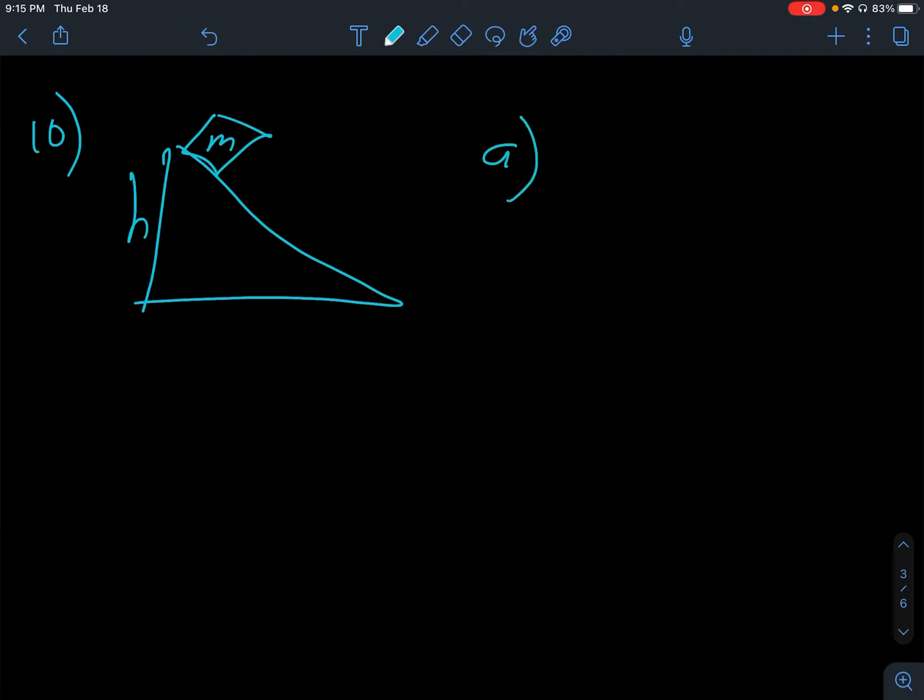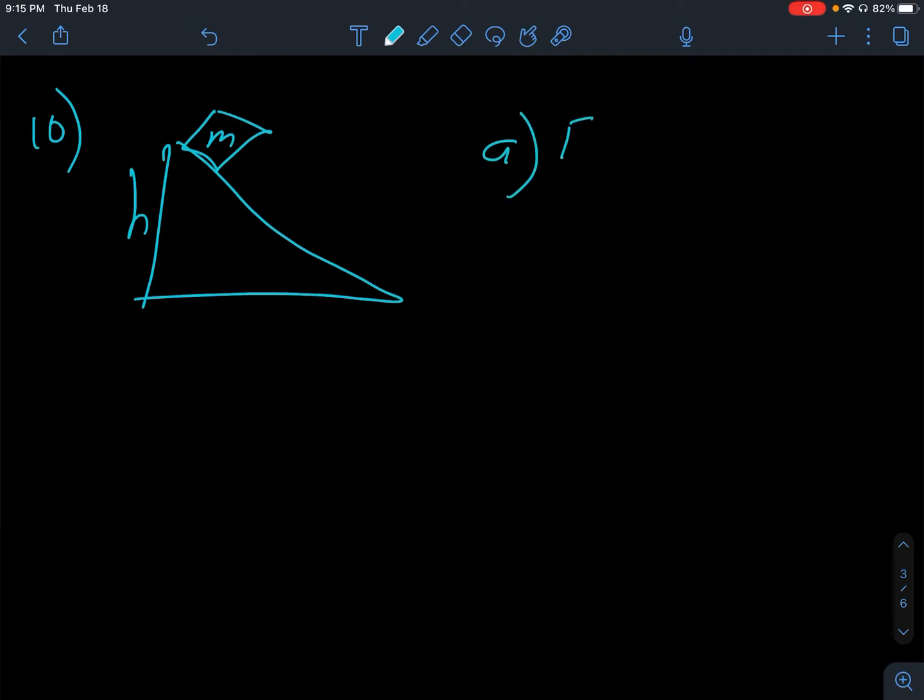Does the speed at the bottom depend on the angle of the hill? So we're looking at it going from being all gravitational in the beginning to all kinetic in the end. And since there is no friction, this is an icy hill.